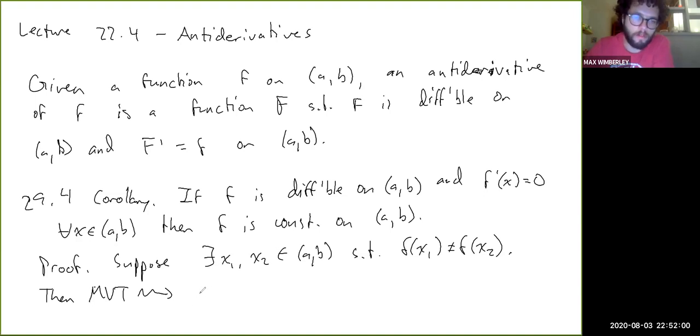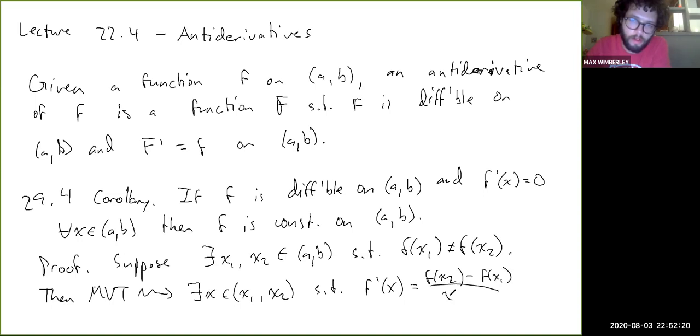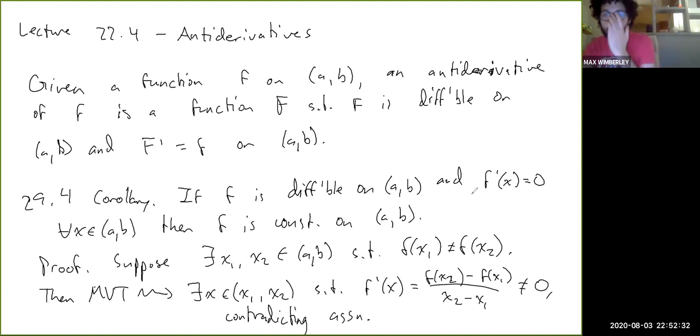So there exists an x in (x1, x2) such that f prime of x equals f of x2 minus f of x1 over x2 minus x1, which is not equal to 0, contradicting the assumption. So that's the argument here.